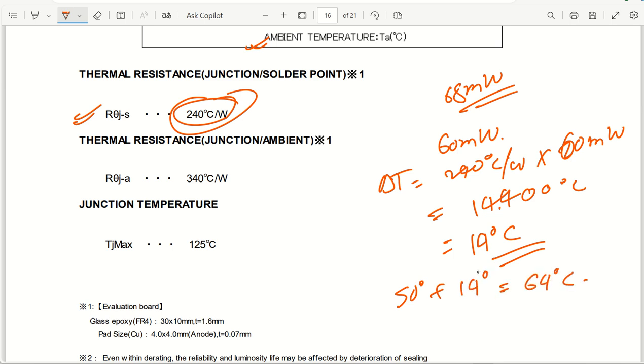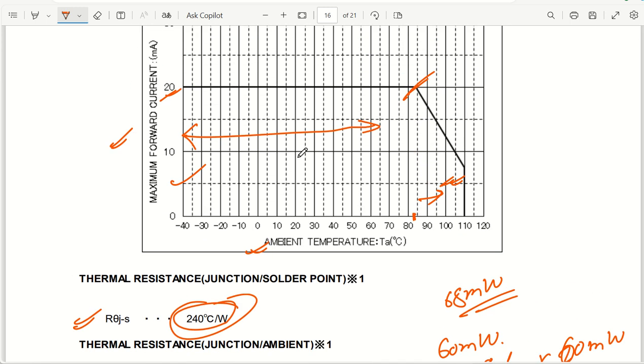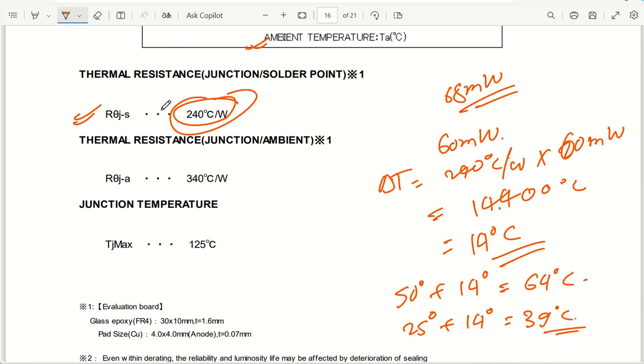Generally the environment temperature is around 25 degrees centigrade, so that is going to give you just 39 degrees centigrade for the LED, which is more than sufficient to work in all conditions. There will not be any derating at all. So these are very good thermal resistance values for this particular LED.